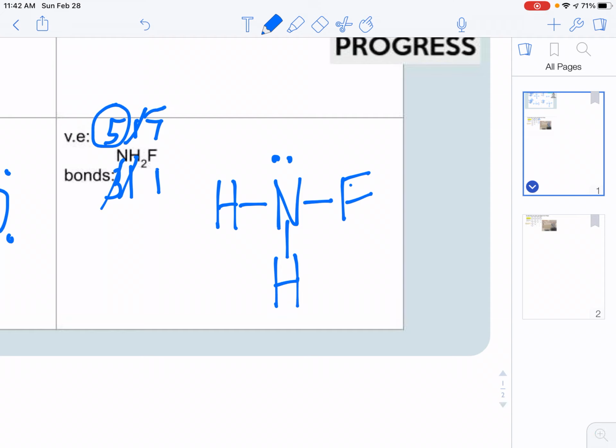Fluorine, 7 and 1 means 1 electron's in the bond, but it has 6 more dots. So this is really the best way to show fluorine. Looks like I accidentally have a little dot there. That shouldn't be.